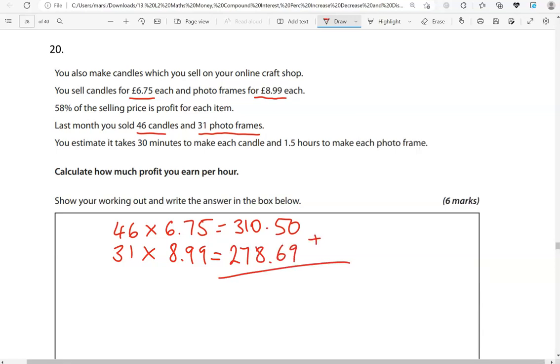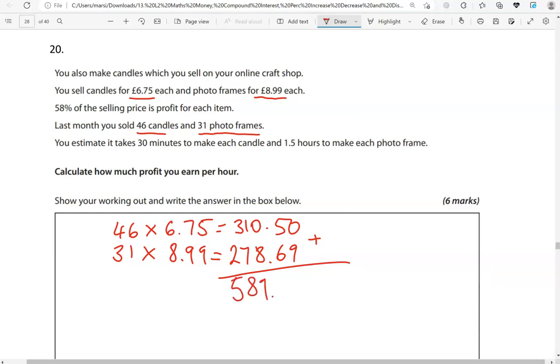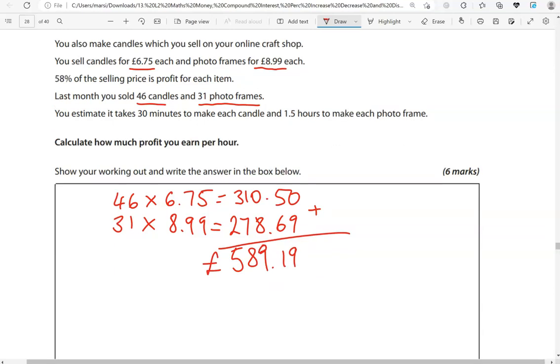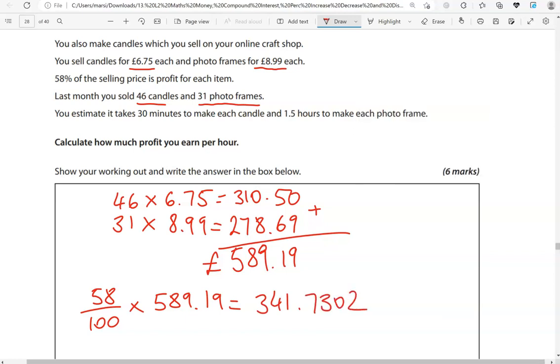So in total, that is £589 and 19 pence. 58% is profit, so 58 out of 100 of 589.19 gives us 341.7302. Now that is profit.